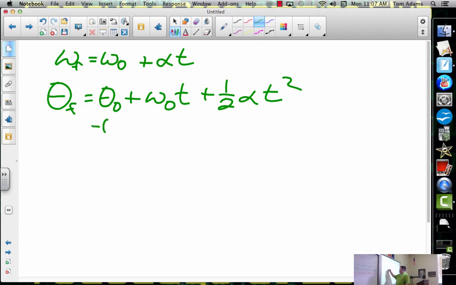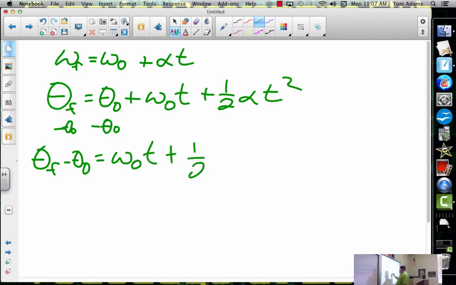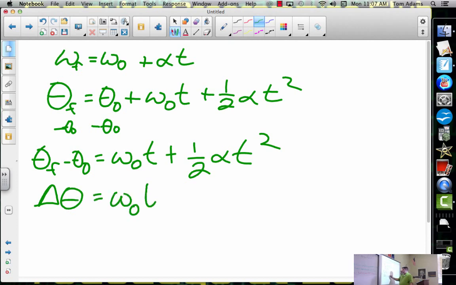You know, if I subtract the initial theta from both sides, I get theta final minus theta initial equals the initial angular velocity times time plus 1/2 times the acceleration times time squared. Isn't this the change in theta? I like to look at it that way.